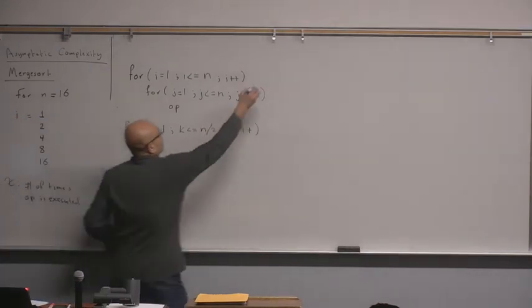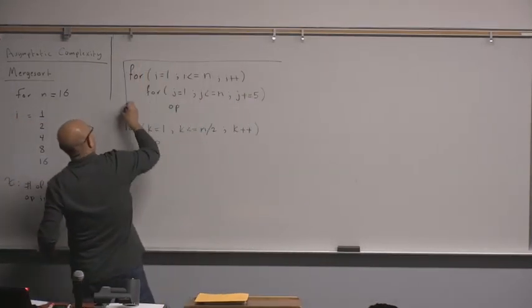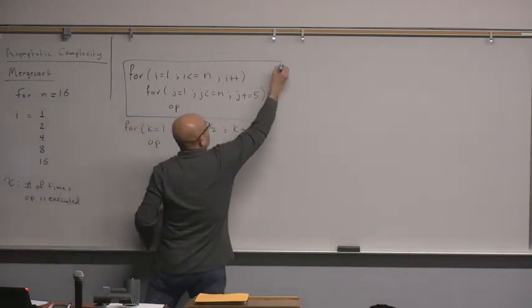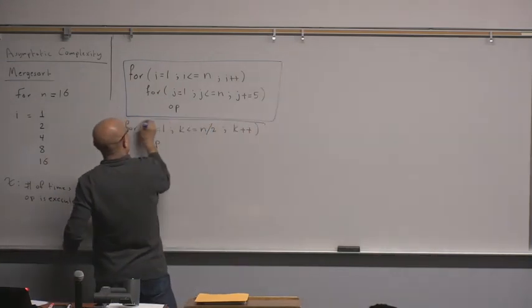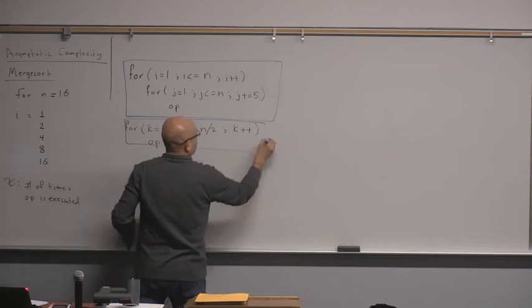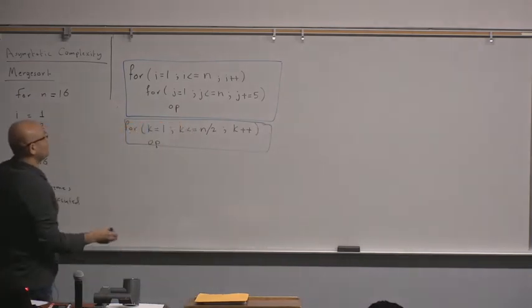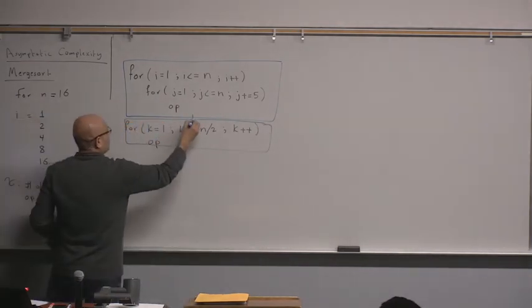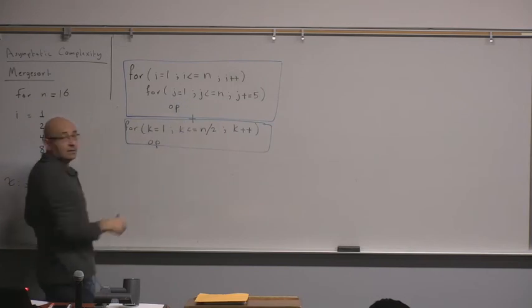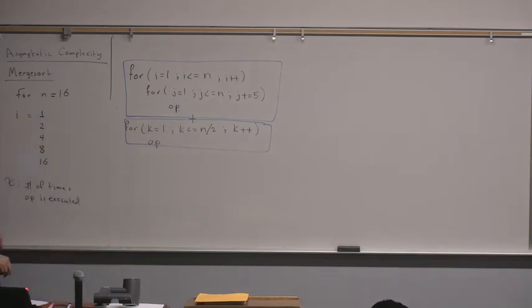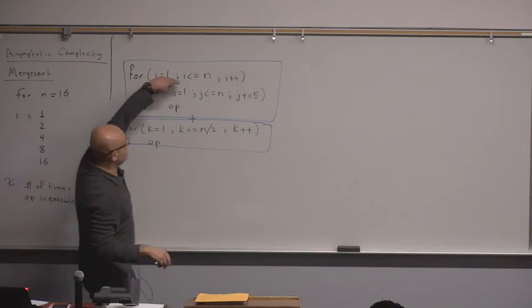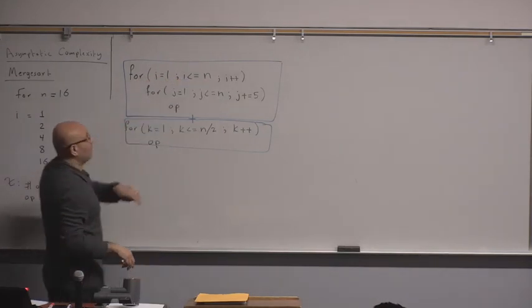So this is one, and this is a separate loop from this. So we have two separate loops, and the relation between them is going to be addition. We analyze this and analyze this, and we add the asymptotic complexities. But since these are nested, we multiply them.